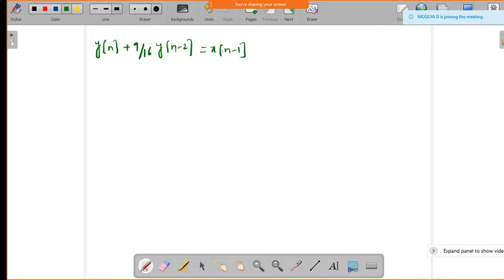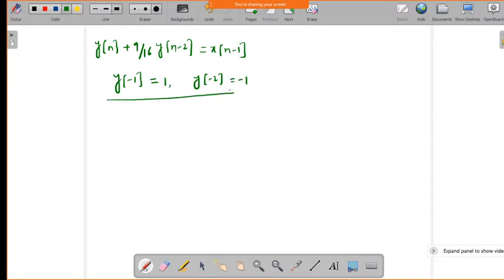Okay, so the initial conditions are y of minus 1 equal to 1 and y of minus 2 equal to minus 1. This is the actual problem which I gave.